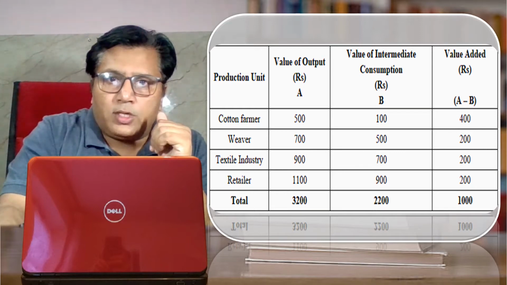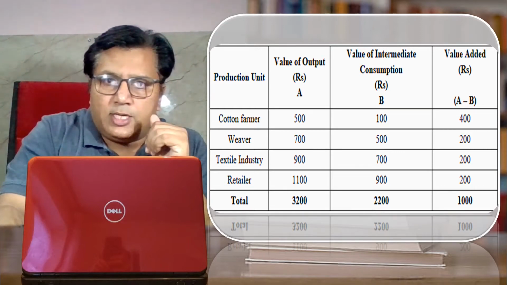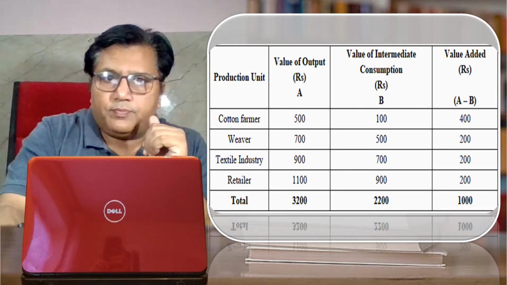The weaver uses the cotton, prepares the cloth and sells it to the textile industry at 700 rupees. The textile industry stitches shirts and sells to the retailers at the price 900 rupees. The retailers sell the same thing to the final consumer at 1100 rupees.